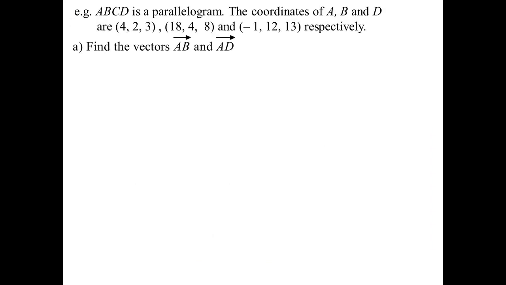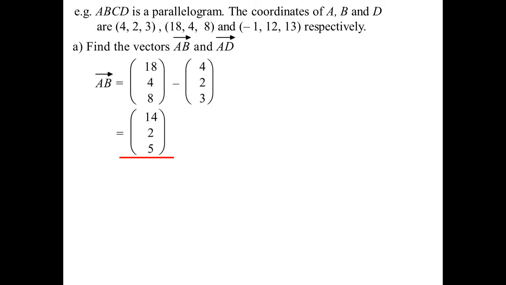So let's have a look at this little problem then. ABCD is a parallelogram, but it's actually sitting in 3 dimensions now, rather than in 2. We know the coordinates of A, B, and D. There they are. First thing they want us to find are the vectors AB and AD. Again, nothing has changed. We want to find the vector head minus tail. So AB would be head, (18, 4, 8), minus tail, (4, 2, 3).